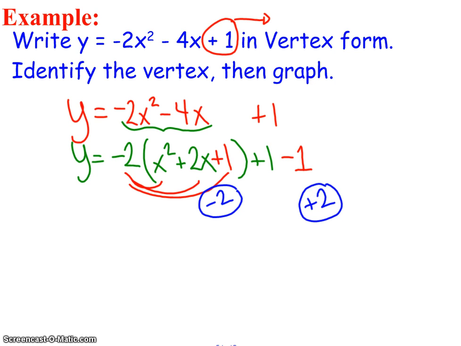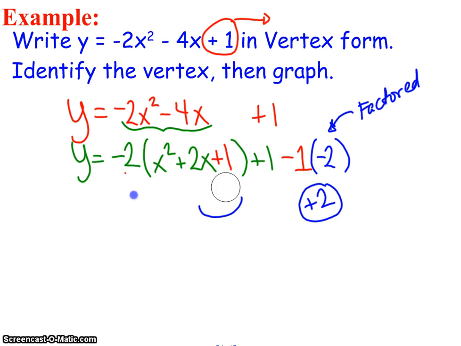Well, what we do is we multiply that minus 1 by the number you factored out earlier. So the negative 2 is what you factored out. That's going to balance it.